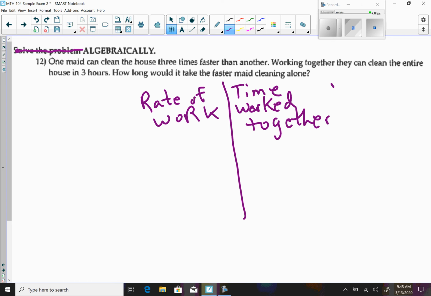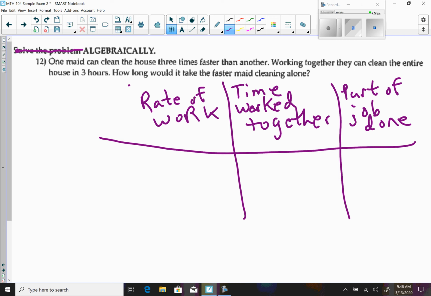And then the third column is for part of job done. So there's 2 maids. I'll just call them one maid and the other maid because they don't have names.